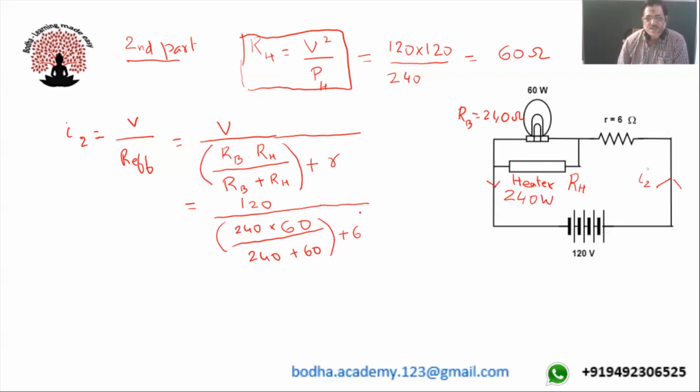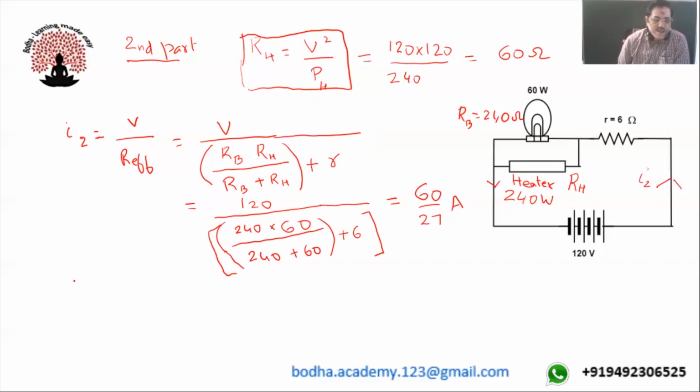So on simplification, we will get the current value as 60 by 27 ampere.